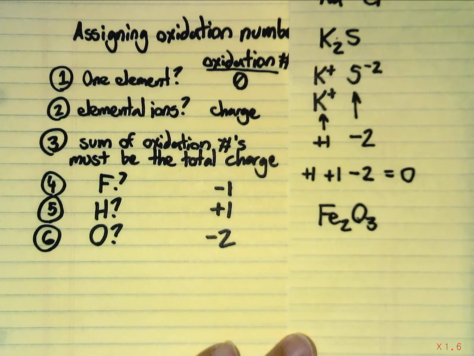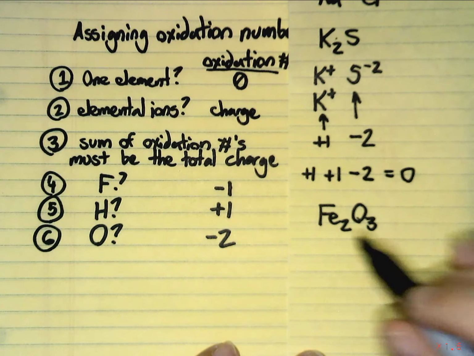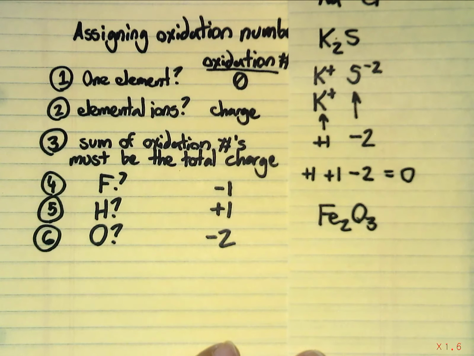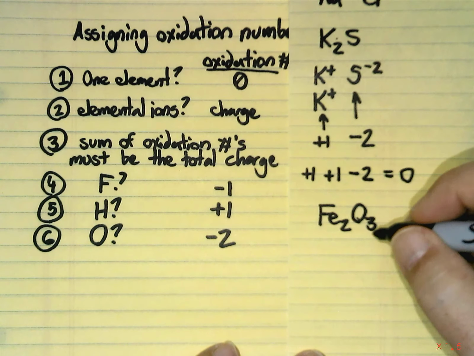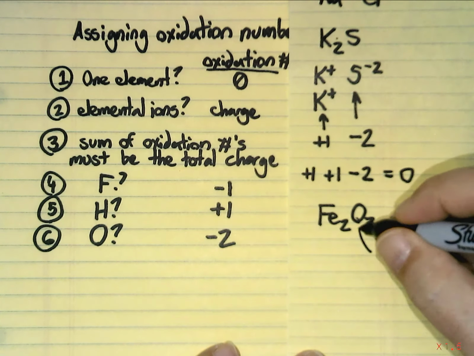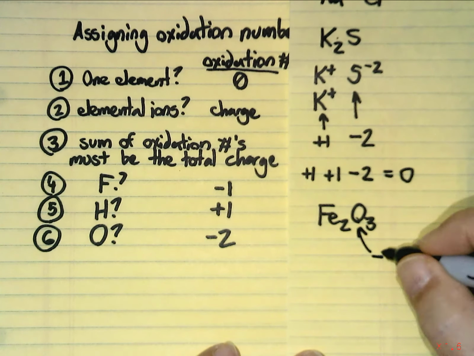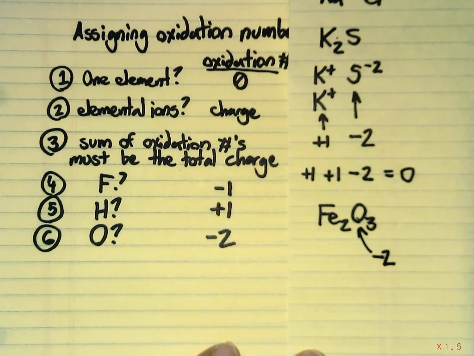So you're kind of out of luck if your metal is in the transition metals, or if it's in the actinides or the lanthanides. You have the same kind of trouble. But that doesn't mean that you can't find out what the charge on that iron is. We're going to look at where the oxygen is. The oxygen is in the column that has -2 charges. So each of those is going to have a -2 charge.